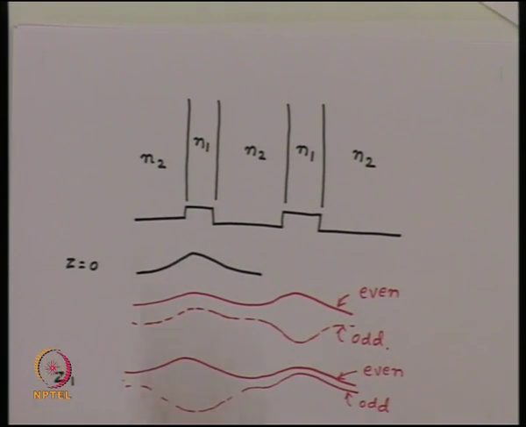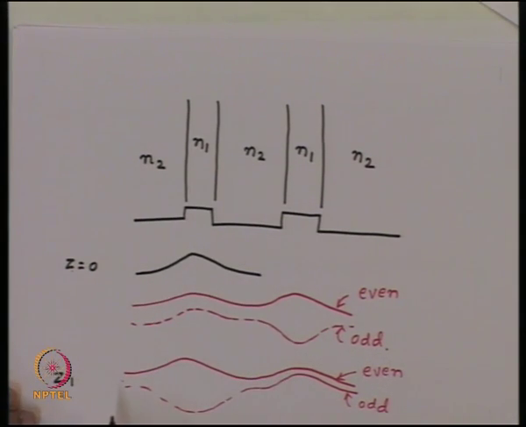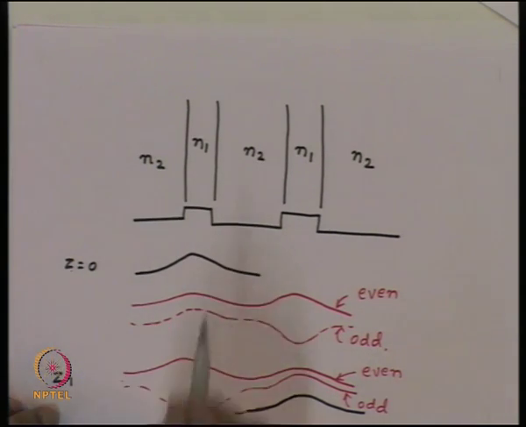So what we find is at z equal to 0, the power was here. But if I go to z equal to some z1 where the phase change is pi, the power distribution has become like that. It is here. And there is nothing here.